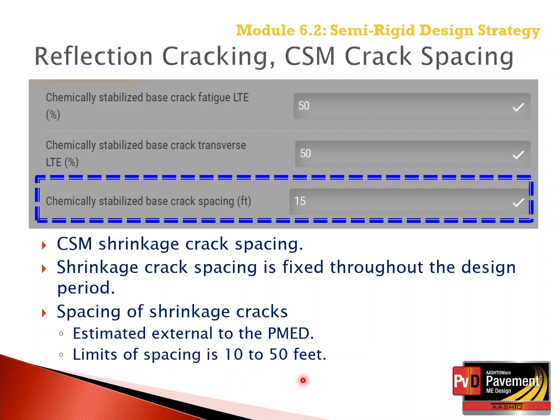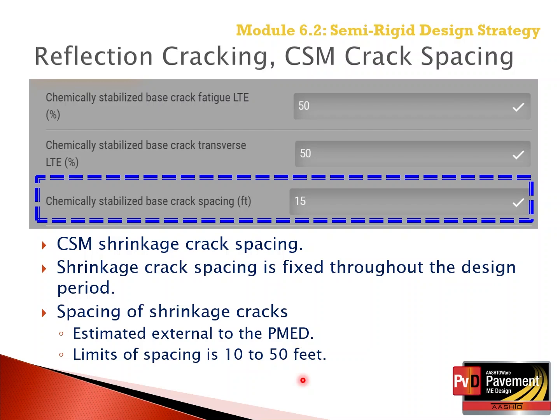It's considered a significantly cracked layer, and the resilient modulus should be entered for simulating its stiffness value, but for an unbound aggregate base layer. The assumption is the crack spacing in that chemically stabilized layer is so close that the differential vertical deflections will be relatively small, and that there will be no additional movement at the cracks of the chemically stabilized layer itself.